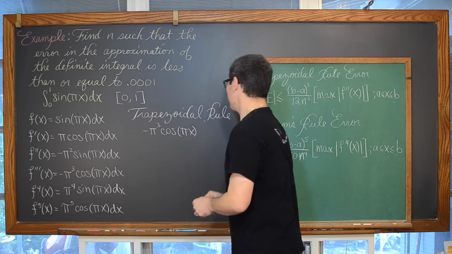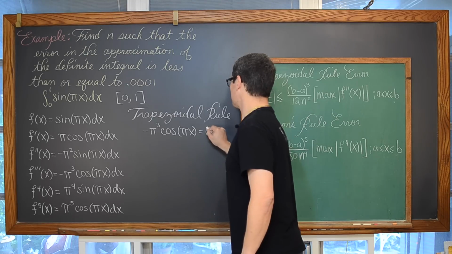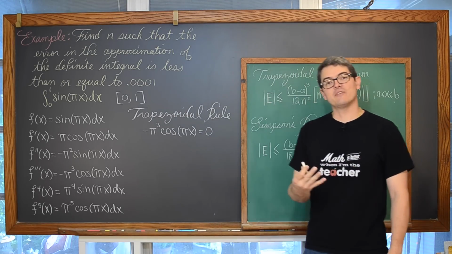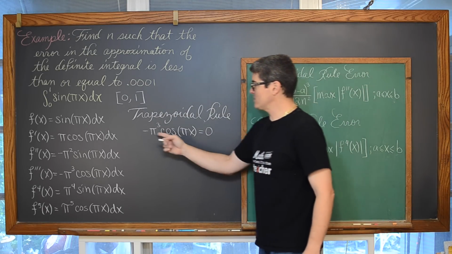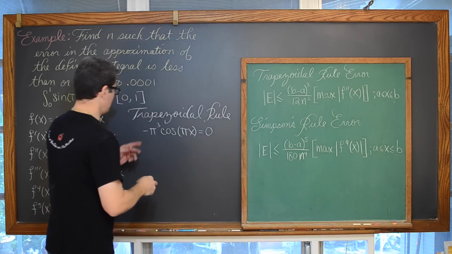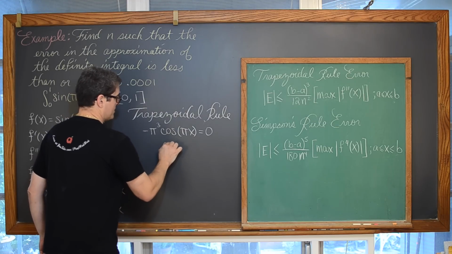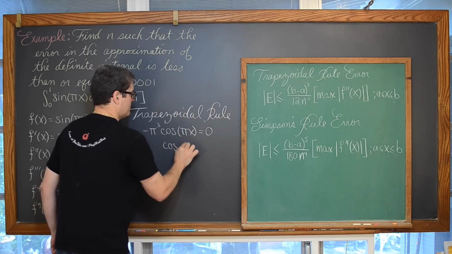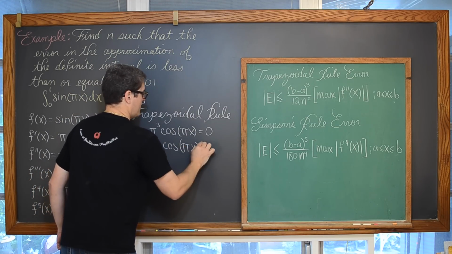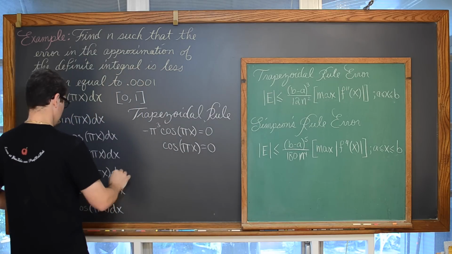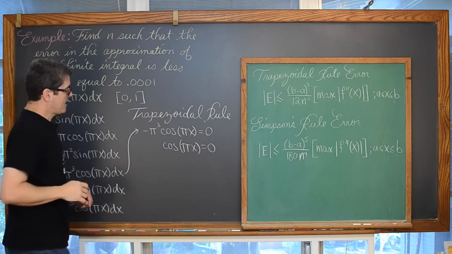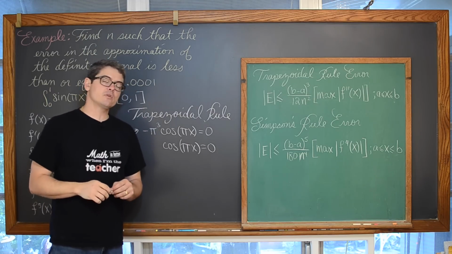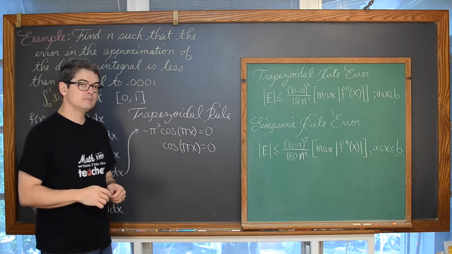And again, set that third derivative equal to 0, looking for critical values for the second derivative. We're going to divide both sides by negative pi cubed, which of course is going to leave us with the cosine of pi x is equal to 0. And we want to get that cosine function away from 0.